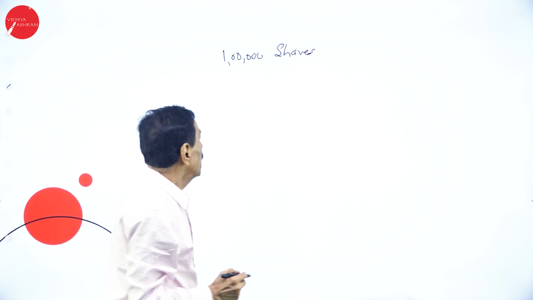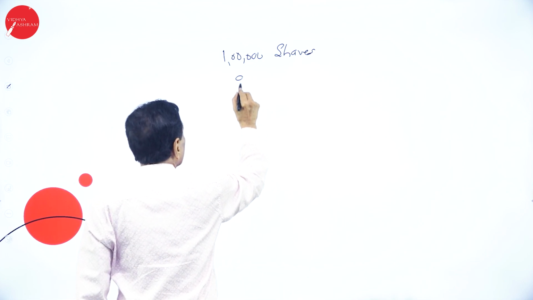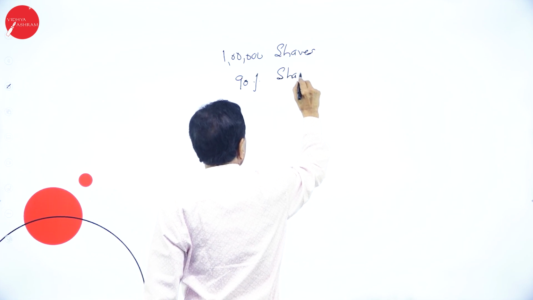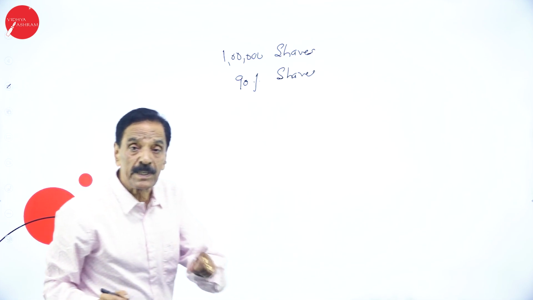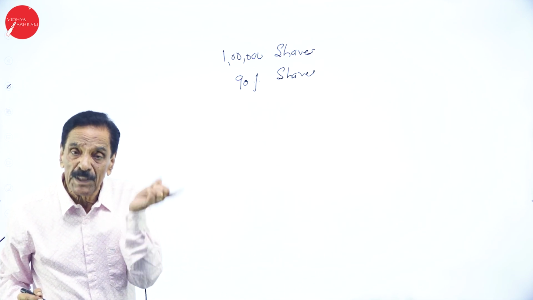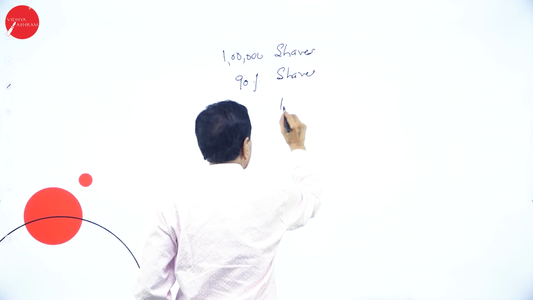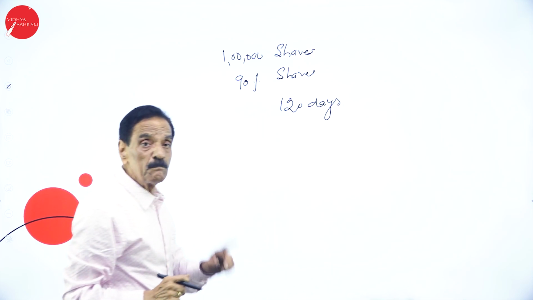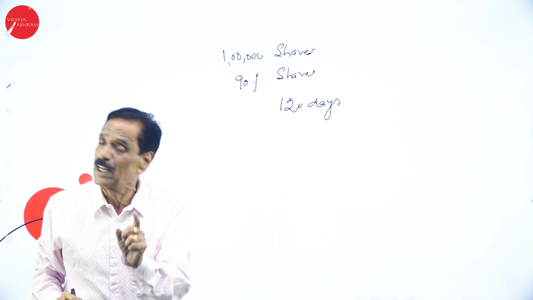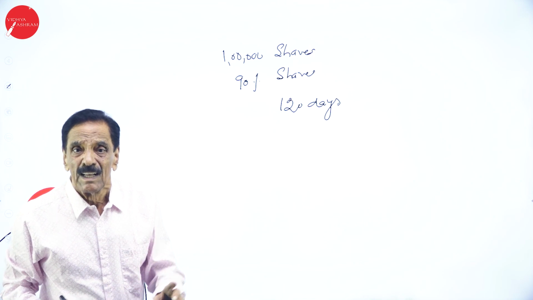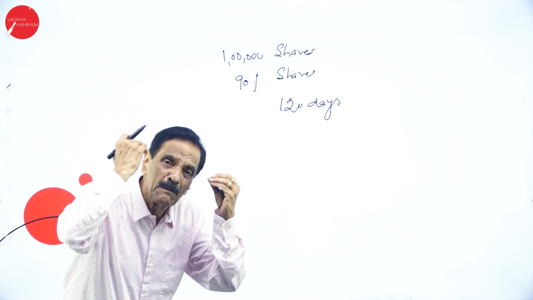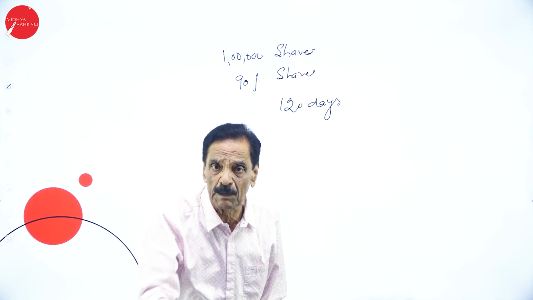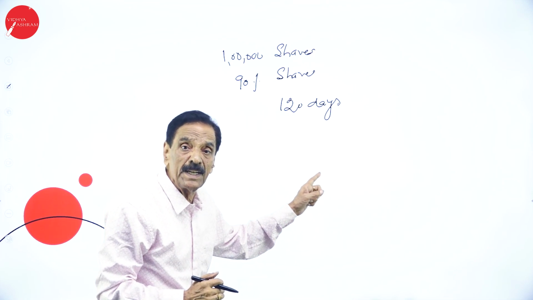Out of that, as per the Companies Act of 2013, 90% of the shares should be subscribed by the public within 120 days. Whatever the number of shares you have issued, 90% of the shares should be subscribed within 120 days.